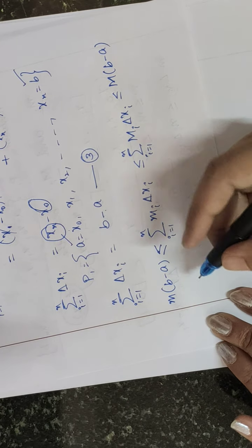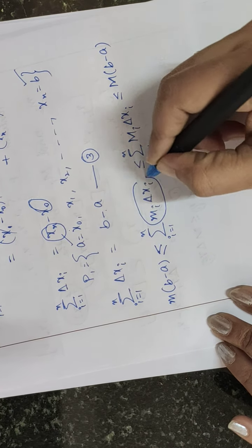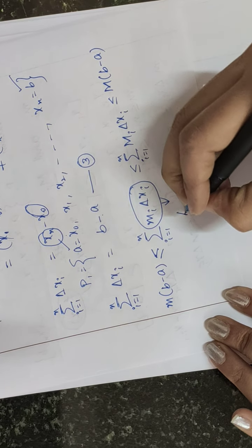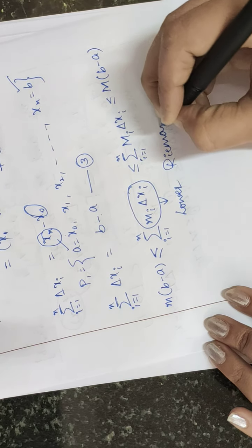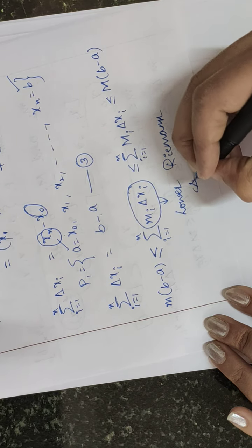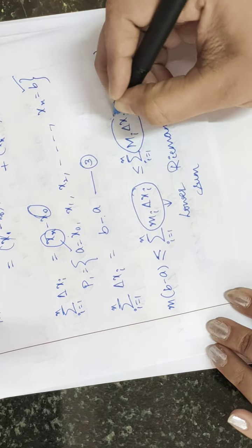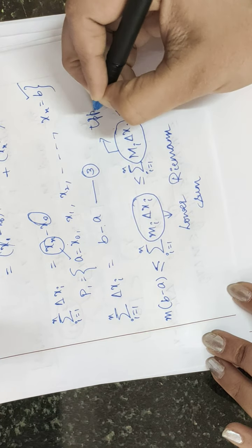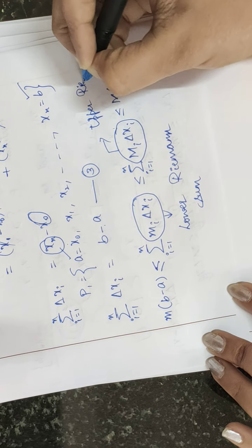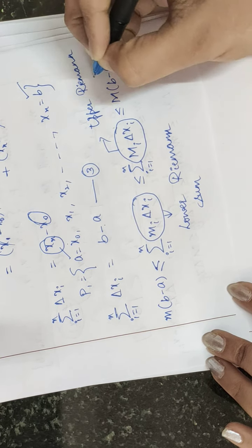Here your summation m_i delta x_i is called the lower Riemann sum, and summation M_i delta x_i is called the upper Riemann sum.